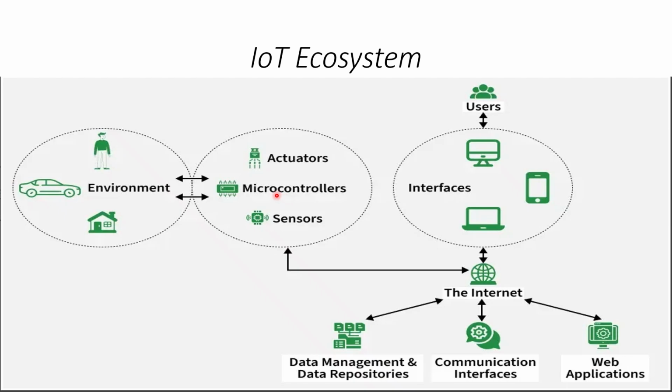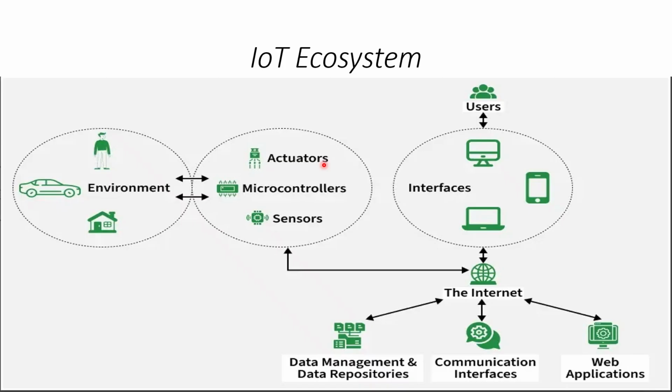So this is the main important thing of the microcontrollers. Next one is actuators. It performs physical actions based on controller commands. Example: motors, LEDs, relays, etc. This is used to automate the work, automate the task.